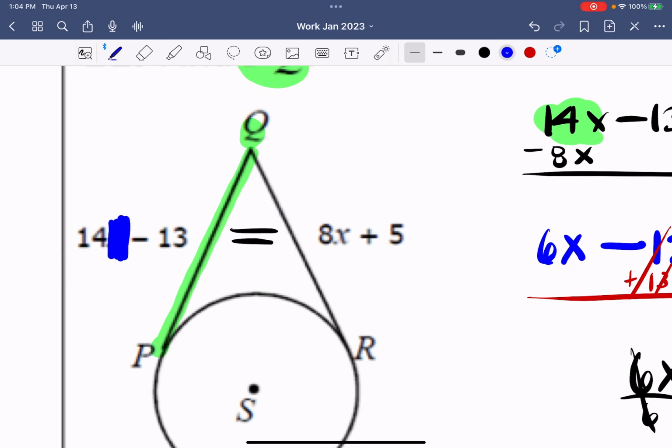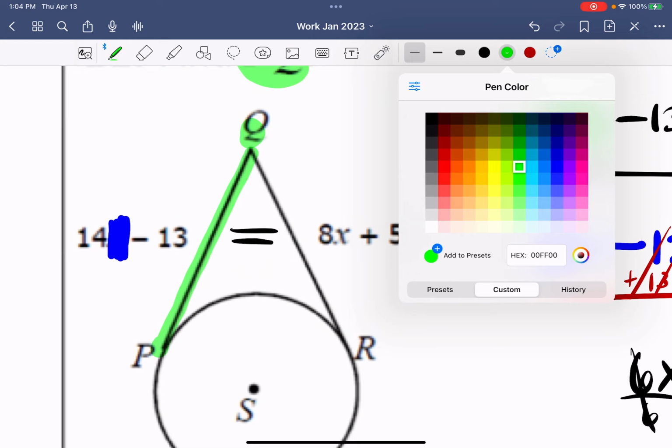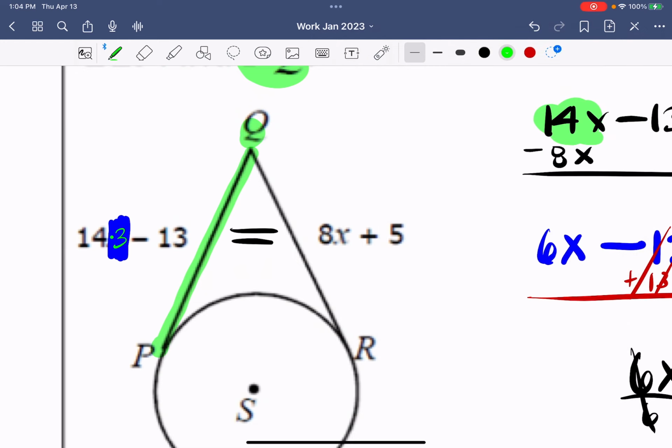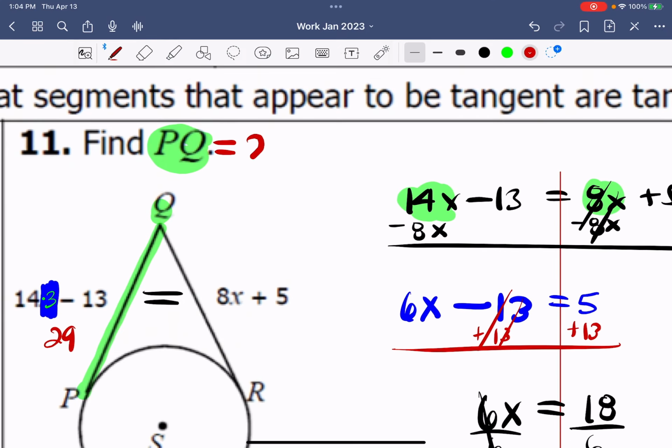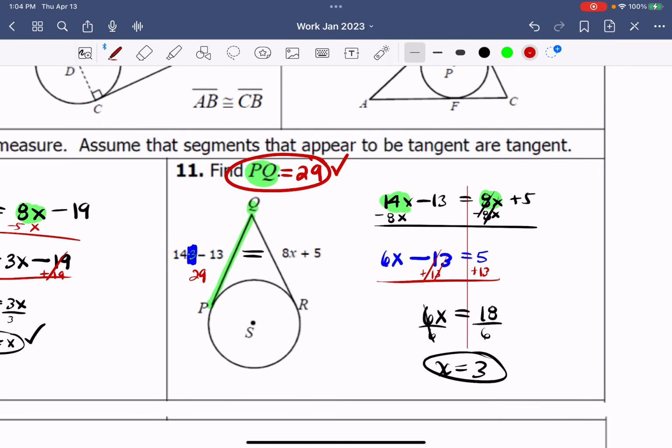So I'm gonna erase the x and I'm gonna put the number 3 because that's the answer that we got. You multiply 14 times 3 and you subtract 13. And I get 29. Okay, so that means PQ equals 29. So that would be my second answer. All right, so I'd be looking for those two answers, x and PQ.